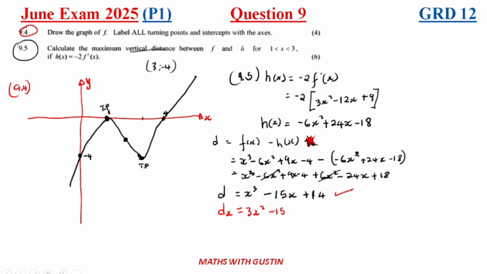Right. So now with that, you're going to say this is equal to 0. So therefore you're going to solve for x here, take 15 to the other side, divide by 3, which gives x squared is equal to 5.